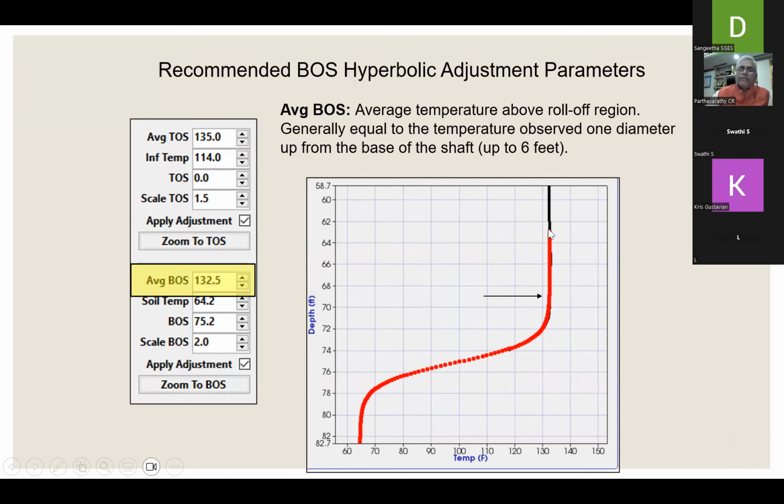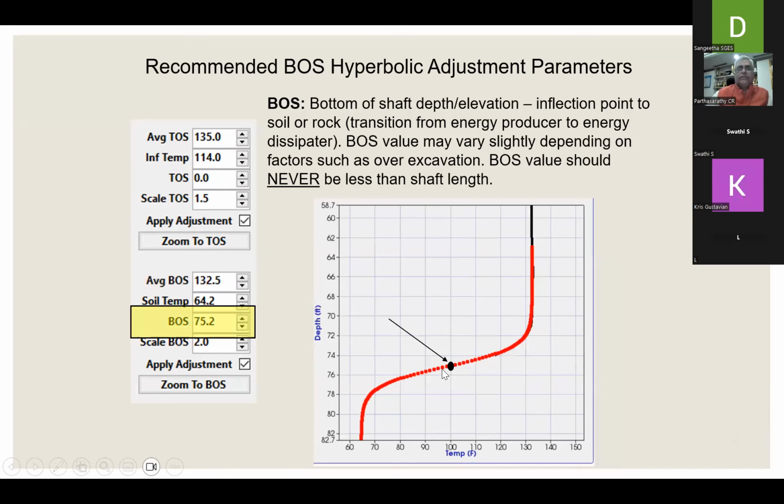From the average temperatures on the shaft, you need to arrive at this transition point or the inflection point from the energy producer to energy dissipator. So this inflection point will be your bottom of the shaft, but it shall not be less than your actual shaft length. Okay, so corrections to the bottom of the shaft could be done by this hyperbola.